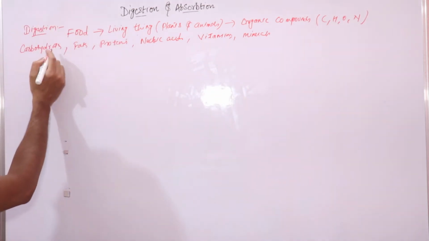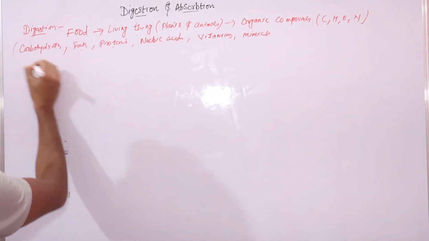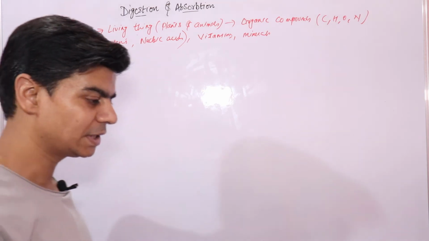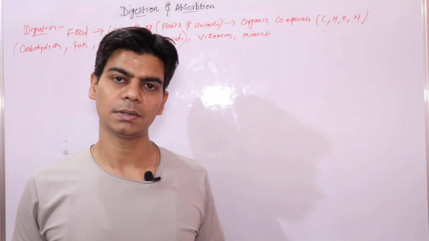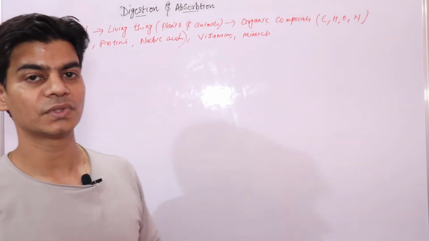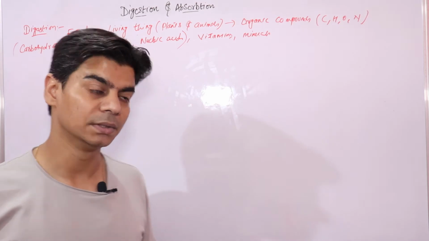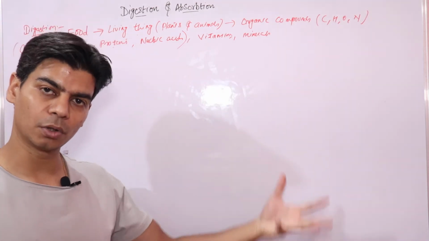So carbohydrates, fats, proteins and nucleic acids, all these, if you remember, we have a chapter called biomolecules, right? We know that all these are made up of smaller molecules, right? These are bigger molecules. These are all made up of smaller molecules.